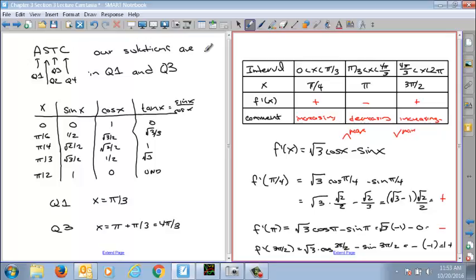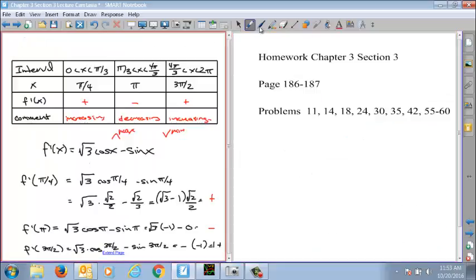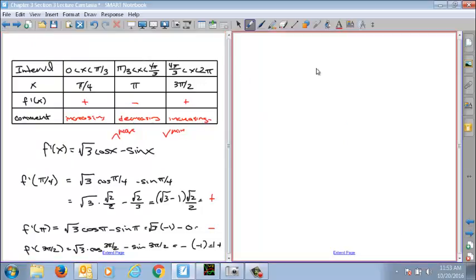So let's see if we can draw a curve. So I need a page. Where's my page thing there? There we go. Let's draw a graph.